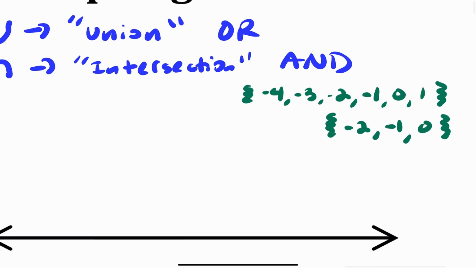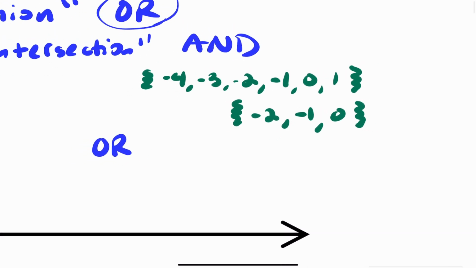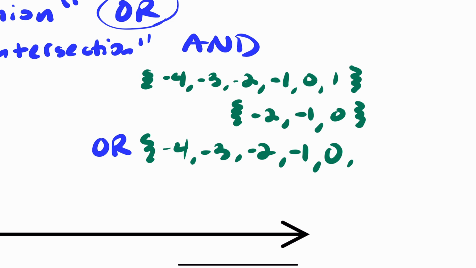So OR means all the numbers present. What are all the numbers present? Well, you would say negative 4, negative 3. We do have two negative 2's, but you only need to write that once. Same thing with negative 1, and same thing with 0. And then 1. So those are all the numbers present.